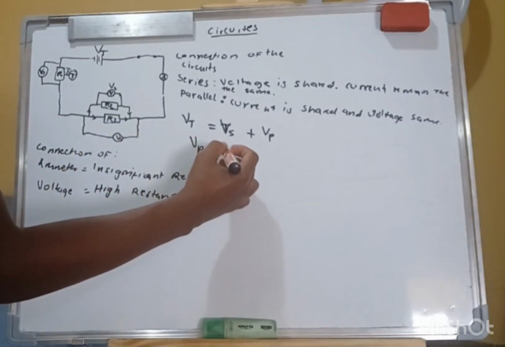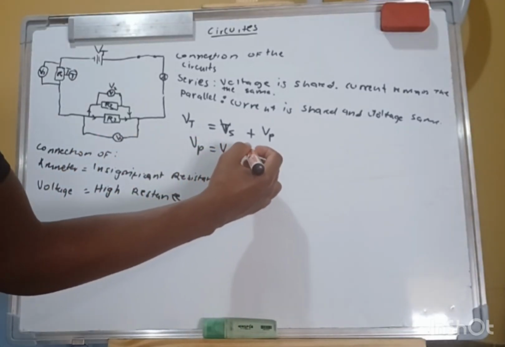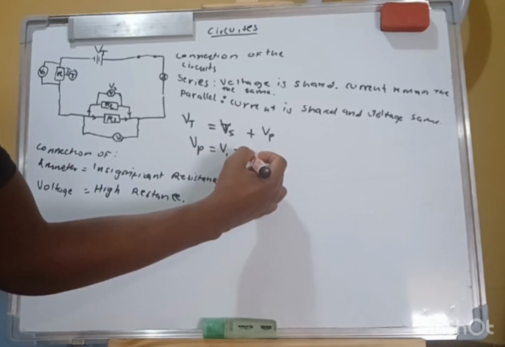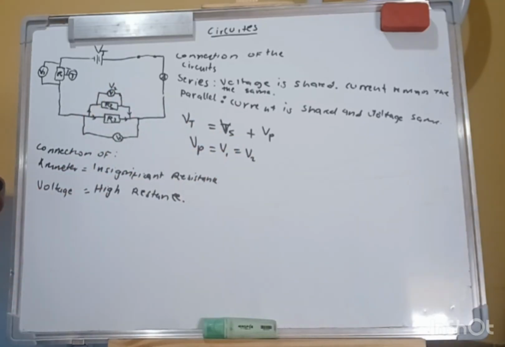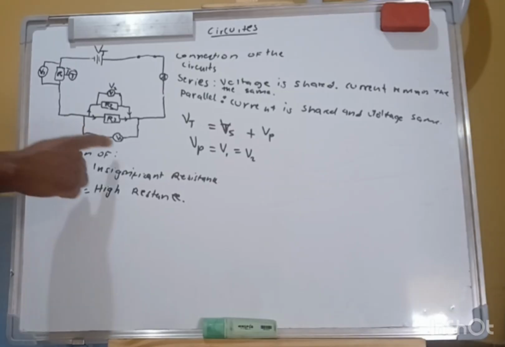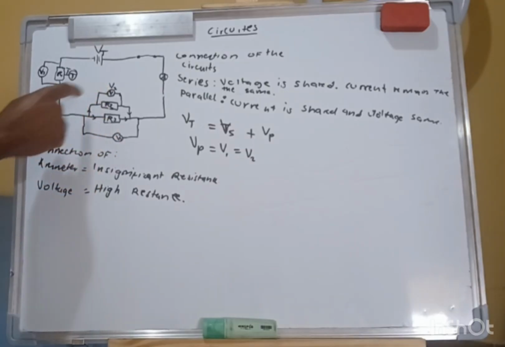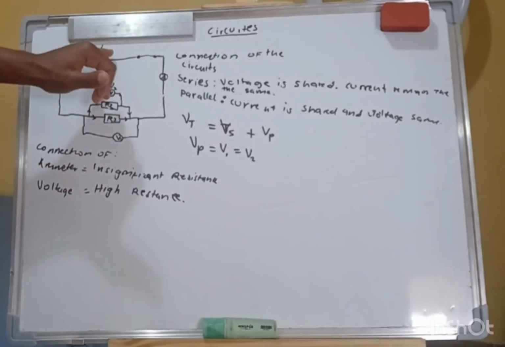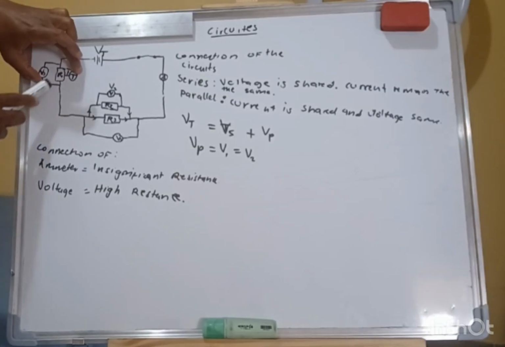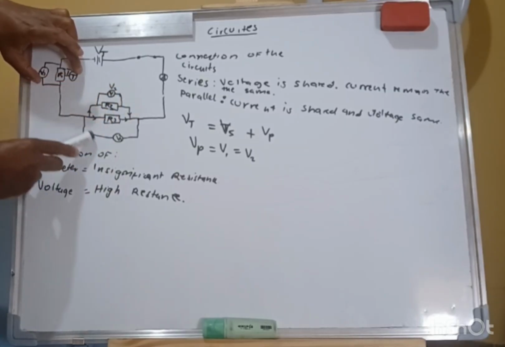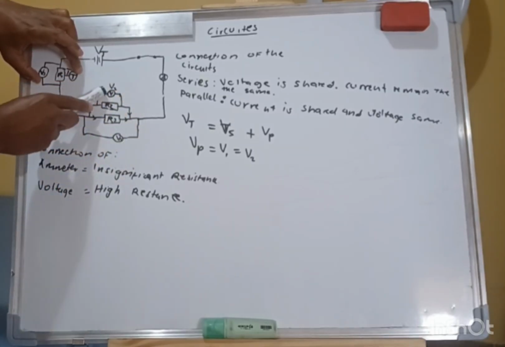In this case, V1 will be equal to V2. It doesn't matter which one they give you, this one is the same as this one, but it is not equal to VT, because you still have a resistor that is connected in series. This resistor is actually connected in series to both of these resistors.